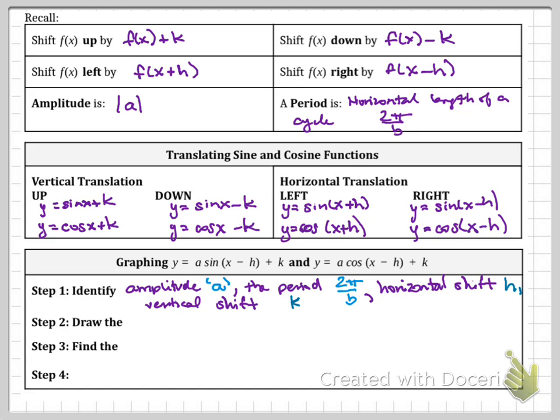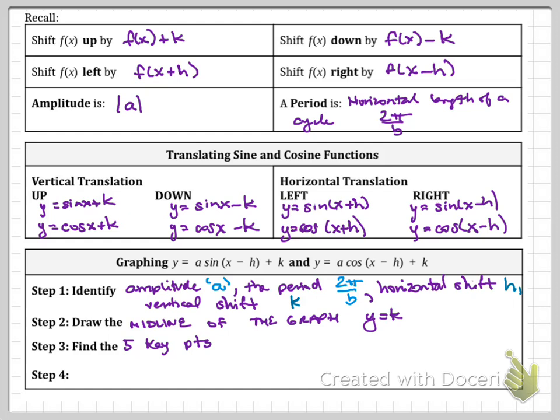Then you're going to draw the midline of the graph at y equals k. Then you're going to find the 5 key points of the graph.